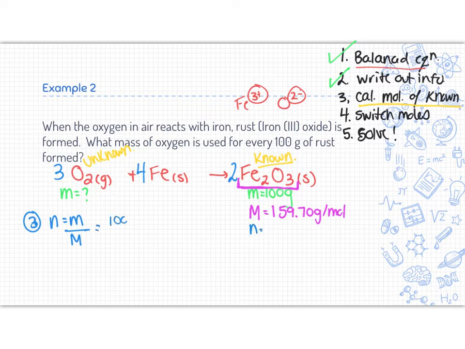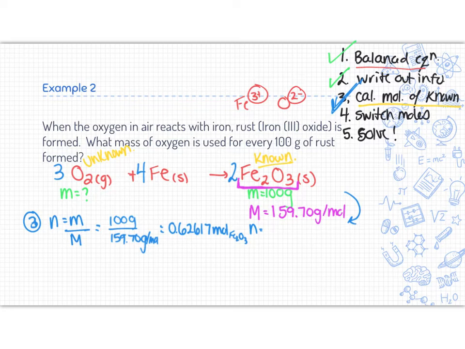So 100 grams divided by 159.70, and we get 0.62617 moles, and that is of iron 3 oxide. Okay, so we have now calculated the number of moles that 100 grams of iron 3 oxide represents. So we are done step 3.